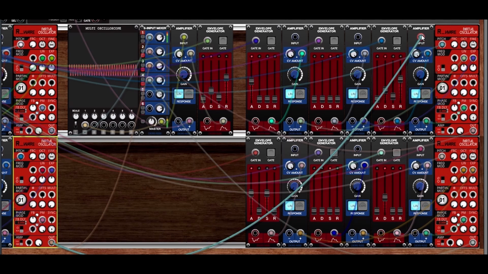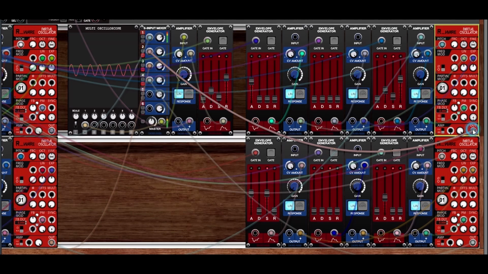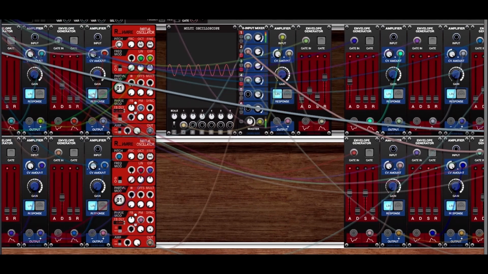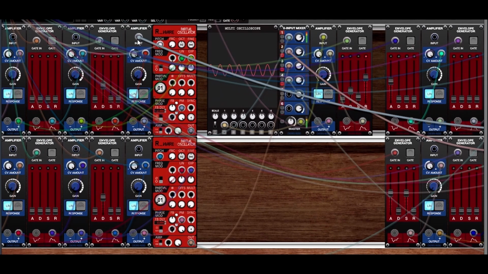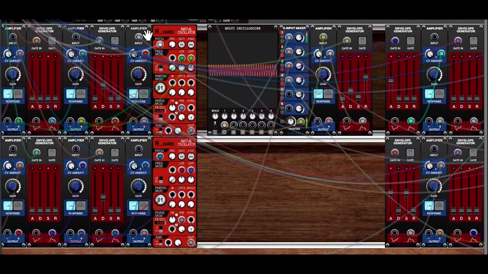The phase modulation, yes, okay, of operator 2. Then the output of this operator 2 to the phase modulation input of operator 1, of course. The operator which sends its audio to the output. And the sound changes, of course, remarkably. It gets something of an aggressively struck string instrument.